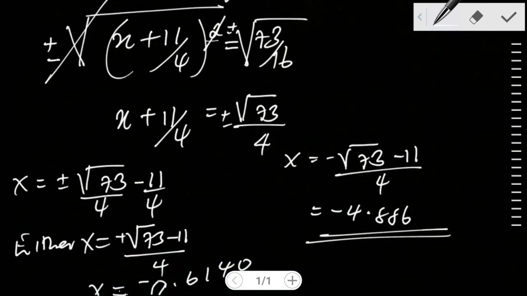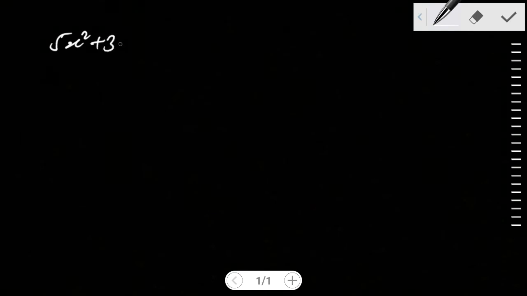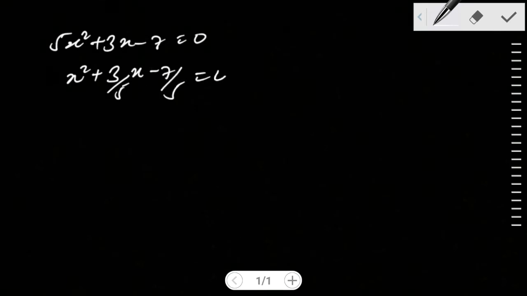Now let's try another example. For example 2, we would have 5x squared plus 3x minus 7 equals 0. To ensure that the coefficient of x squared is 1, we're going to divide through by 5: x squared plus 3 all over 5 x minus 7 over 5, which would equal 0.